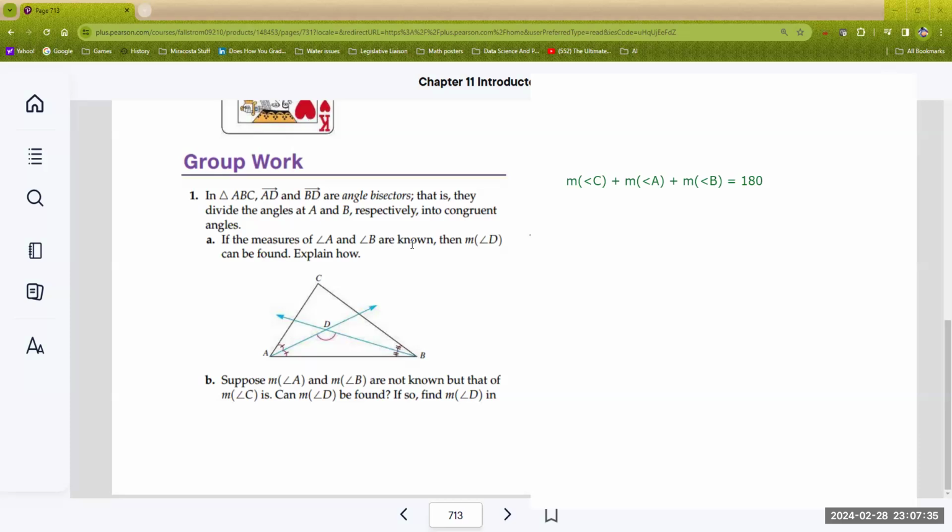And then maybe if we multiply everything by 2, then I'd have 2 times the measurement of angle D equals 360 minus measurement of angle A minus the measurement of angle B. Okay, so there we go. And again, all I did is multiply by 2. If you divide by 2, you get back to the 180 minus half angle A minus half angle B.